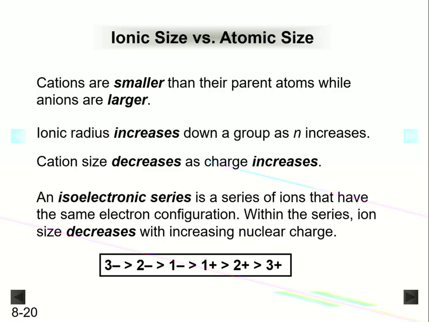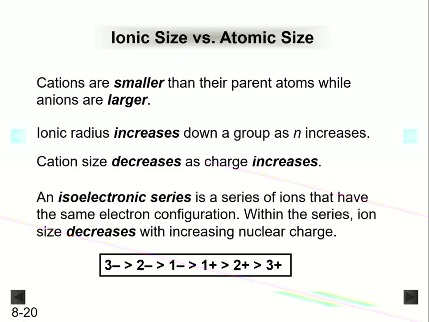An isoelectronic series is a series of ions that have the same electron configuration, the same number of electrons, but within that series the ion size will decrease with the increasing nuclear charge. So if you have a series of atoms that all have the exact same number of electrons, but one has a 3- charge, that'll be the biggest. 2- will be next, the 1- will be the next after that.